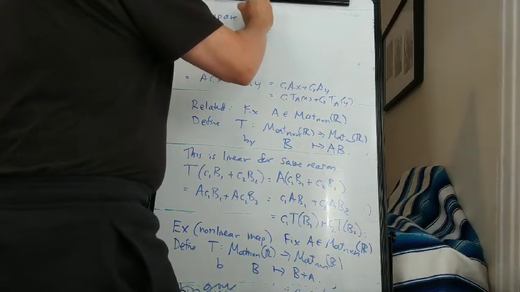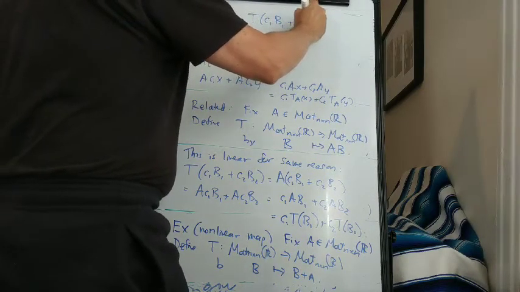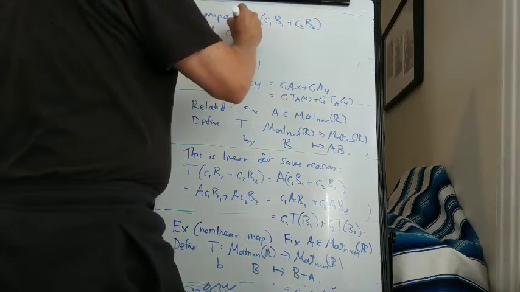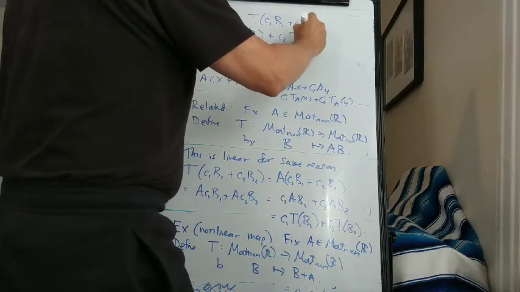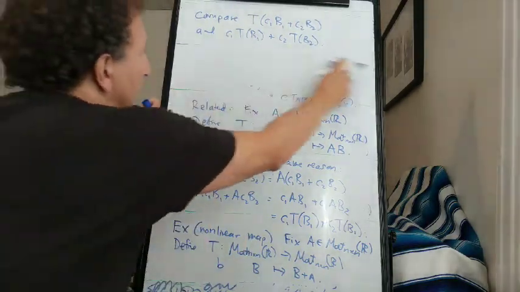Now let's compare T of c1 B1 plus c2 B2 and c1 T of B1 plus c2 T of B2. These should be equal if T is linear.